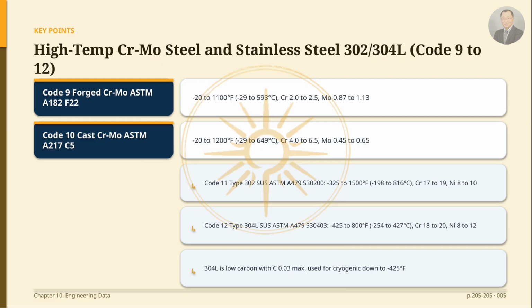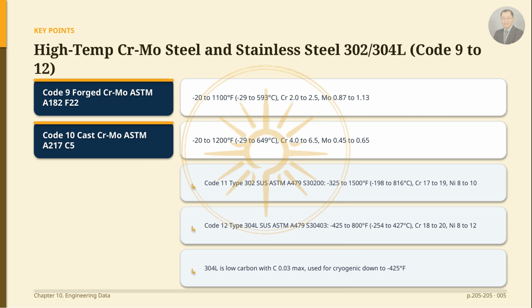Material code 11 is Type 302 stainless steel, ASTM A479 grade UNS S30200, which has a wide range from -325 degrees Fahrenheit to 1500 degrees Fahrenheit, or -198 degrees Celsius to 816 degrees Celsius, with 17% to 19% chromium and 8% to 10% nickel.